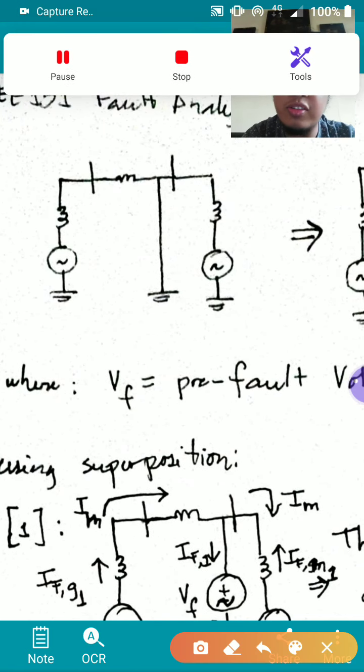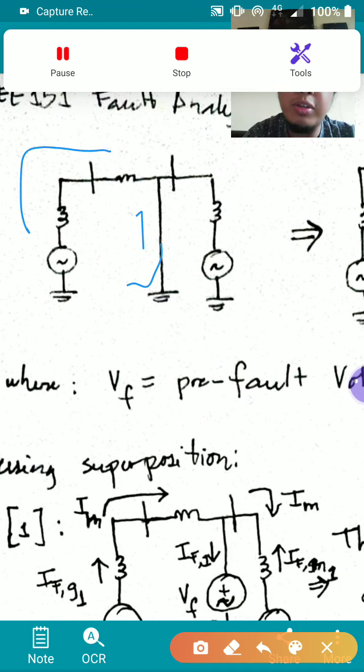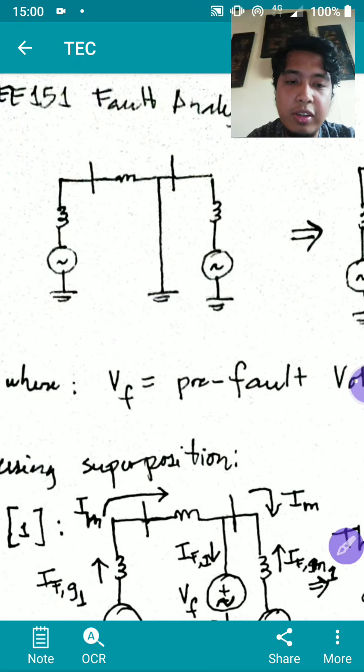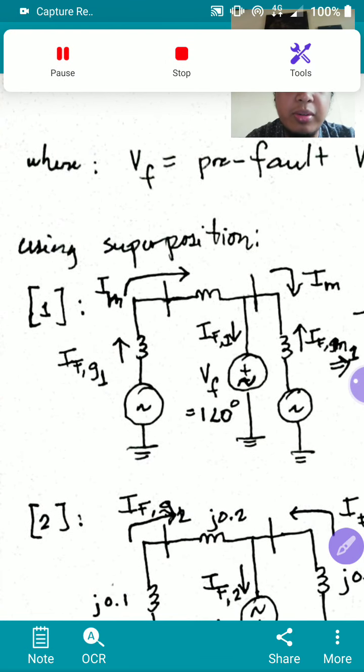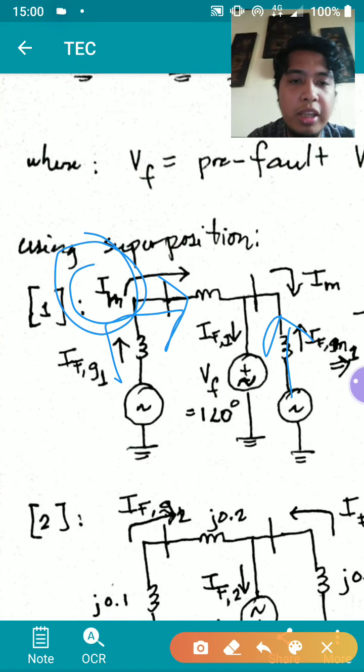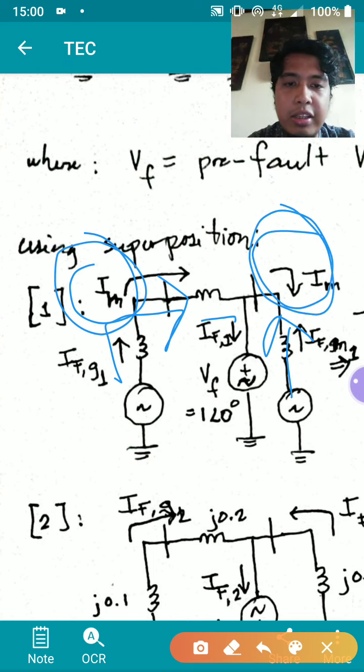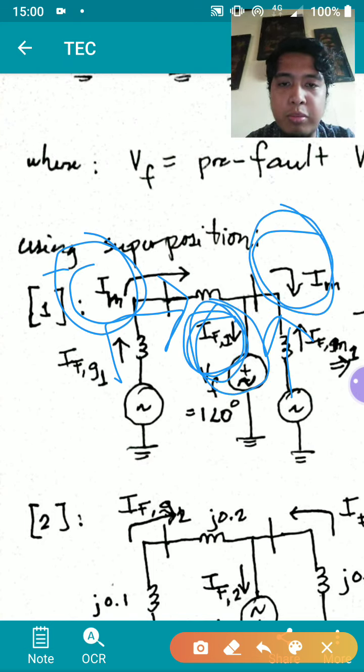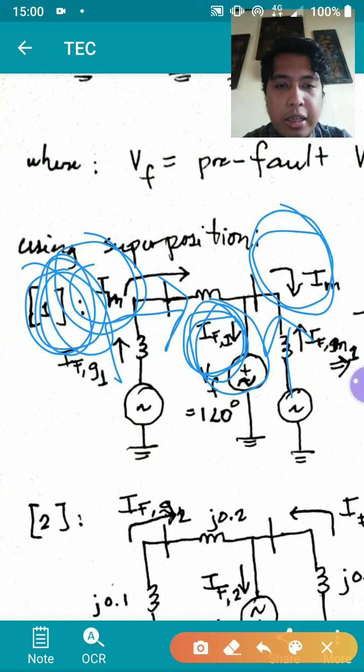So we must still get this IF, IG, and IM for this circuit. So IG is this one, which is essentially just this IM. And then your faulted contribution from the motor is just this negative IM here. And then this fault current from superposition 1 is just the sum of those two.